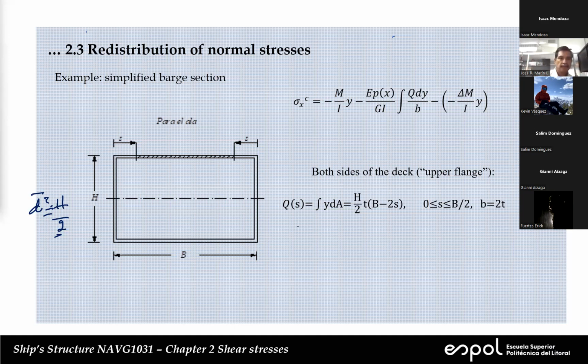Okay? So, if you have this situation, you know where the neutral axis is, right? You can save some time, because you know that you have to calculate with respect to this axis. So the integral will be the area of the deck multiplied by this distance squared plus the inertia of the deck. That's BTQ divided by 12, twice, because you have the same at the bottom.